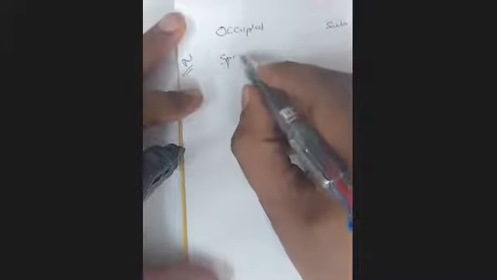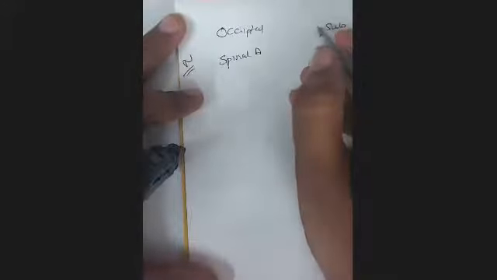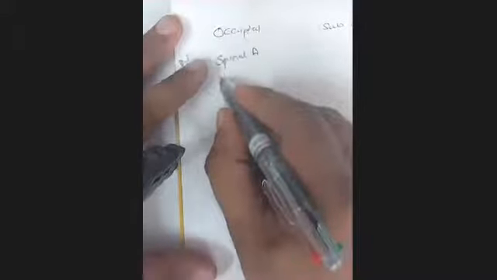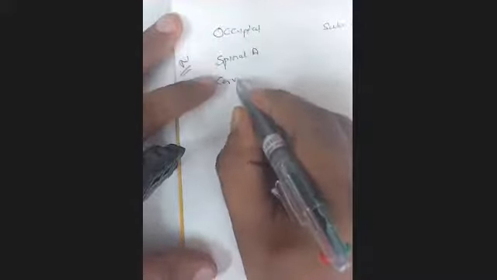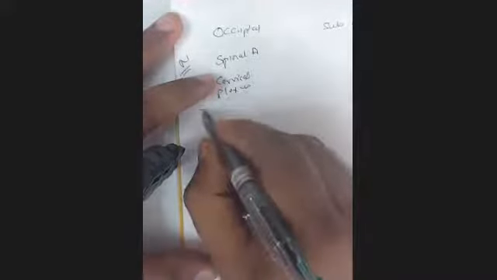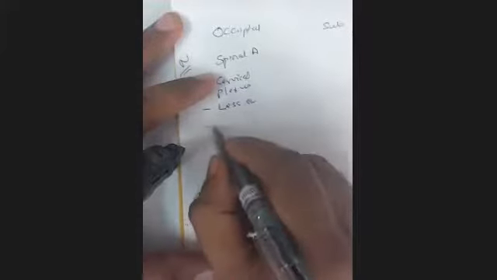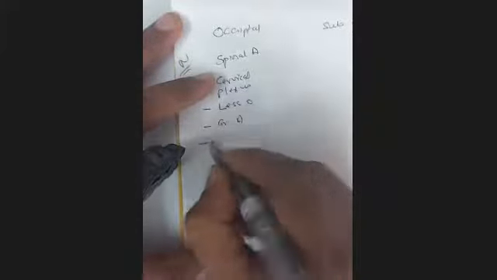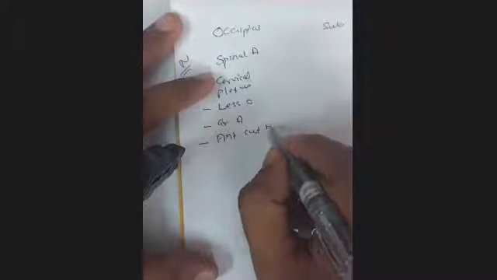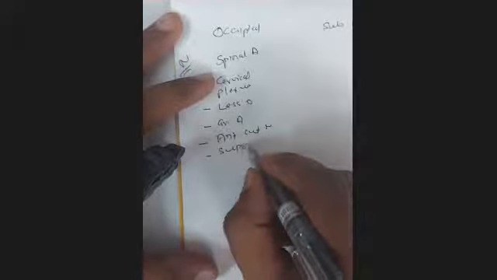The spinal accessory nerve is the important component of this. Then what other nerves? We said branches of the cervical plexus. What were the branches of the cervical plexus? We saw lesser occipital, then greater auricular, then anterior cutaneous nerve of neck, and then supraclavicular nerves.